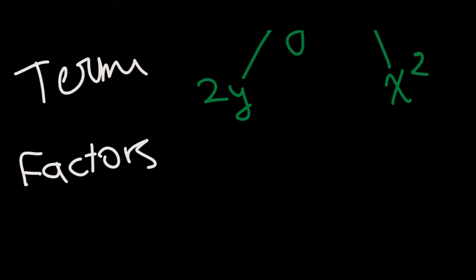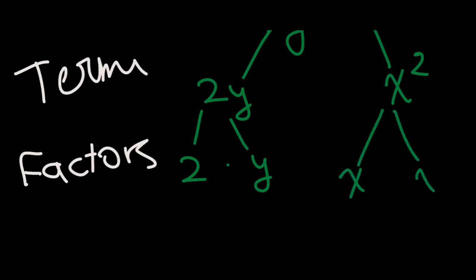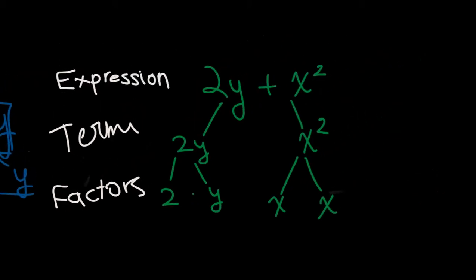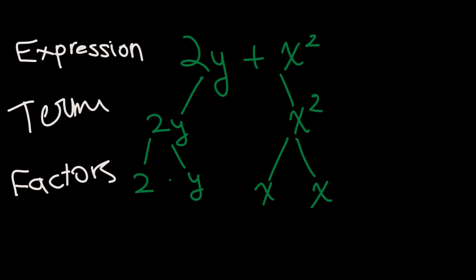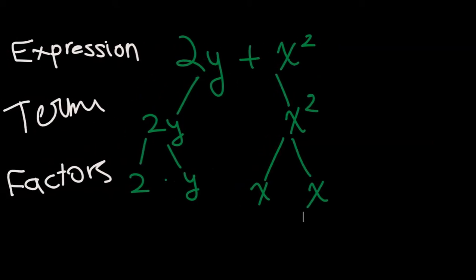In 2y, the factors are 2 and y, as 2 and y equal 2y, and for x squared it's x and x, as x times x is equal to x squared. So we've classified an expression into its appropriate terms, and each of those terms into their factors.